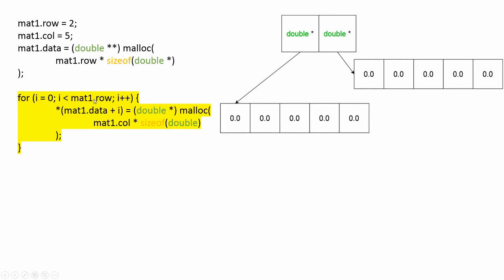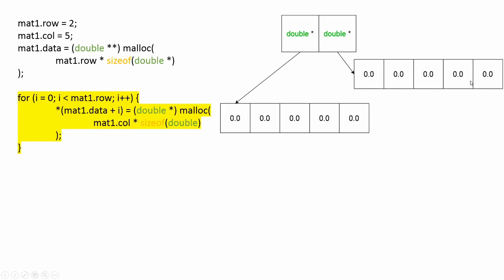Next, when this iterates and i is equal to 1, mat1.data plus 1 is going to be this variable right here. And here we're going to do the normal malloc. So this has a value which is a pointer to a double. And I do malloc. Again, mat1.col is going to be 5 values, 5 times the size of double.